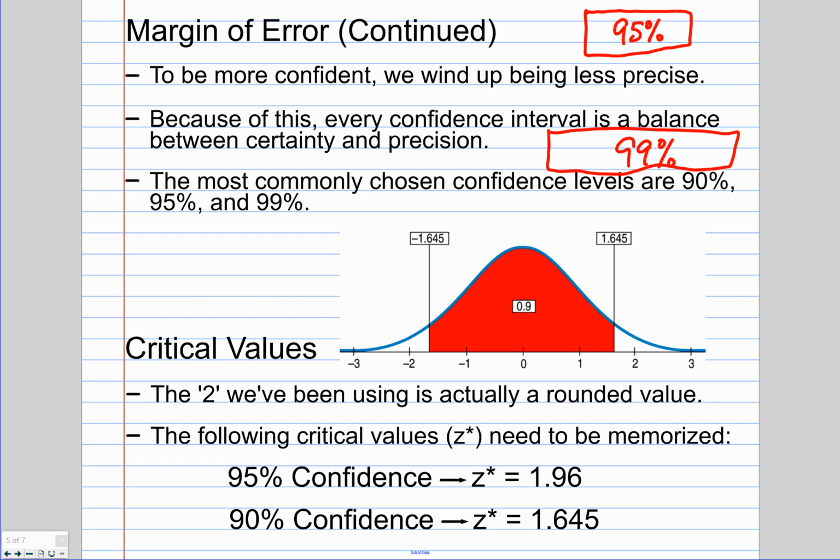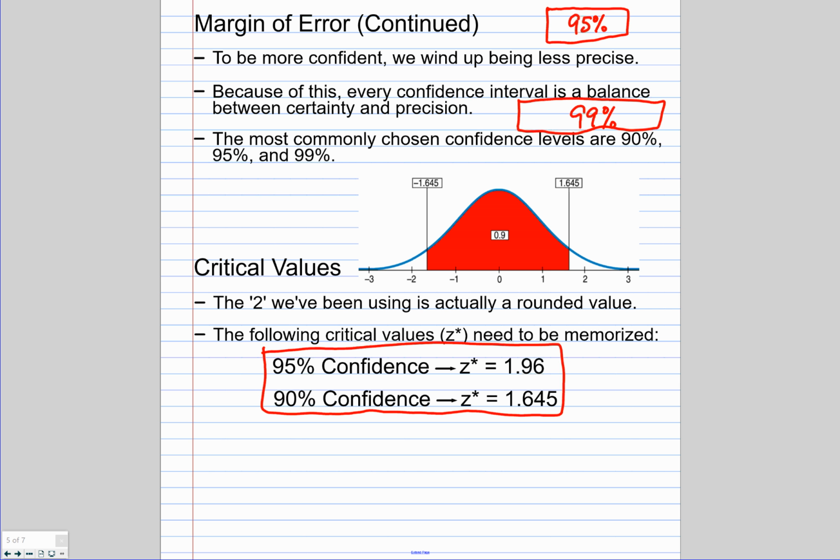Okay. These two down here are the ones that I'm going to make you memorize and that we're going to use most often, 90 and 95%. They're the most commonly used confidence levels. So here's a way that I remember it.